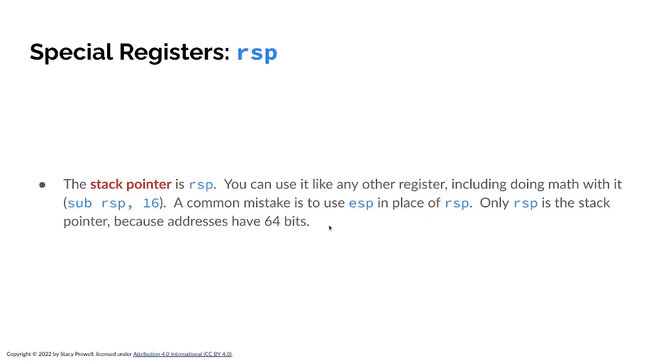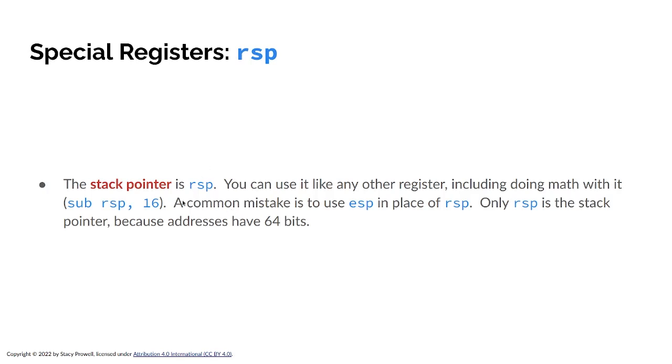Now, the stack pointer is a general purpose register. You can use it like you use anything else. You could write code that pretended there was no stack, never did anything with the stack, just never used push and pop, and you'd be fine, and you could just use RSP to do whatever. But that's not how code's going to work on this processor. We're going to need a stack because the OS expects you to use the stack, and everybody else does as well.